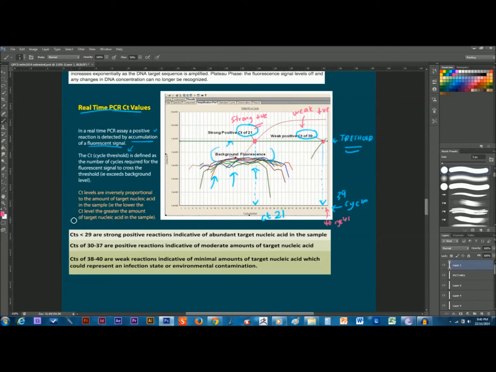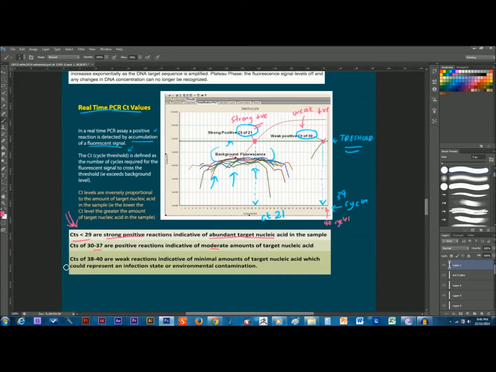So let's look at this table here. A CT value less than 29 is a strong positive reaction, indicative of abundant target nucleic acid in the sample before the amplification process starts. Any CT value of 30 to 37 is a positive reaction, indicative of moderate amounts of target nucleic acid in the sample.